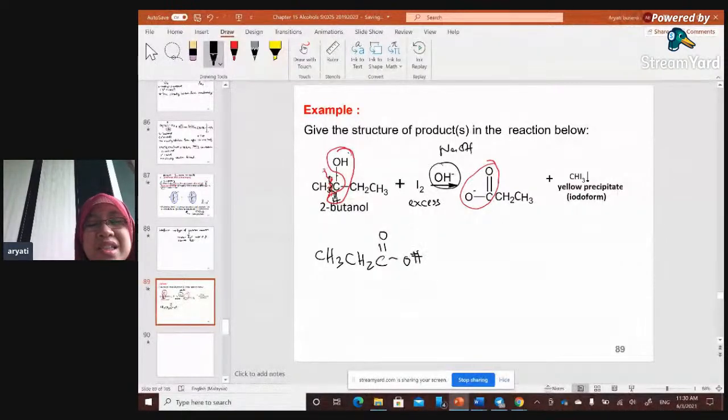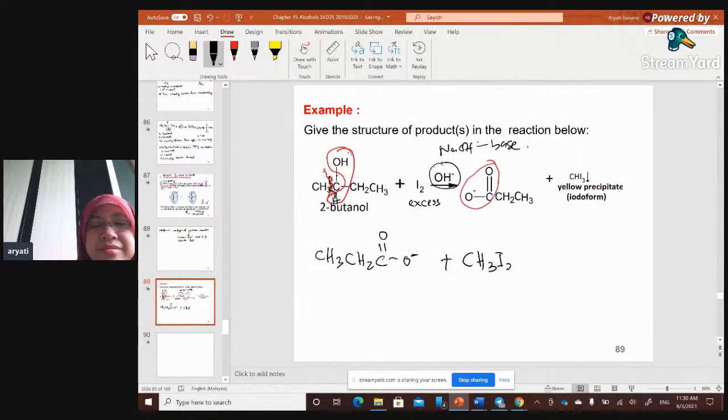Tapi sebab dia dalam medium basic, so basic ini ialah base. C double bond OH ini adalah acid. So base dengan acid, dia akan balas dan jadi O minus. Jadi garam kat sini.